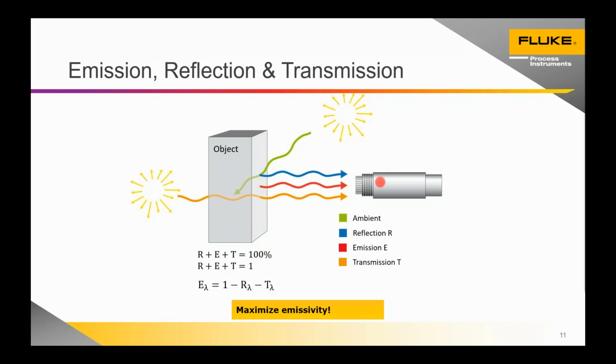Within our devices, we're able to tell our sensors and scanners and cameras what the ambient temperature is. We generally assume that the temperature inside the device is the ambient temperature. That's an assumption. We also are able to input into the sensor what the emission factor is.